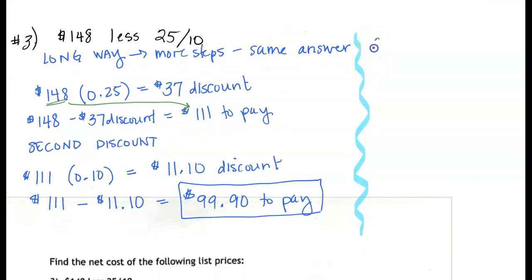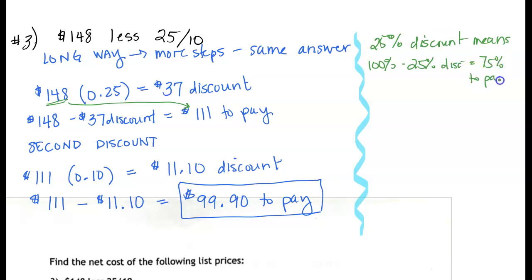I'm going to start with 25% discount means 100% minus the 25% discount, 75% to pay. We can take that $148 times the decimal equivalent of 75%, and we end up with exactly $111.